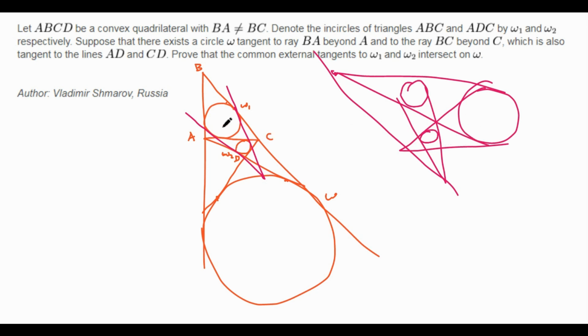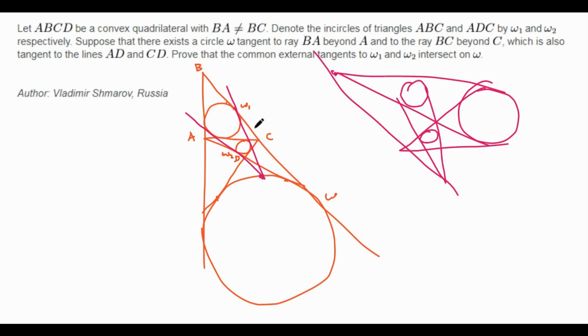So we have three circles here, and we have two of the external tangents already. We have omega 1 and omega 2 having the common external tangents concur at this mystery point.